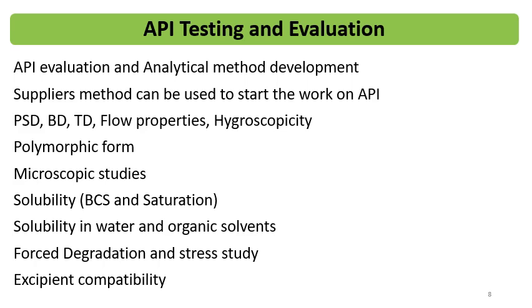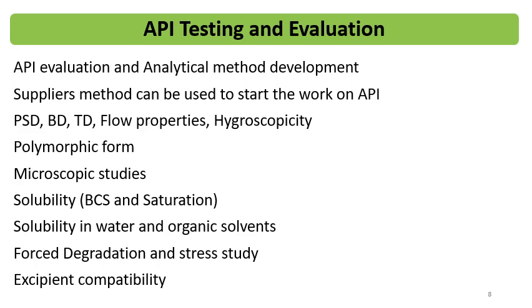Then for the API, the particle size, bulk density, tapped density, flow properties, microscopic studies, hygroscopicity, and polymorphic form studies by XRD and DSC can be done. Then microscopic studies are done to evaluate the particle shape.